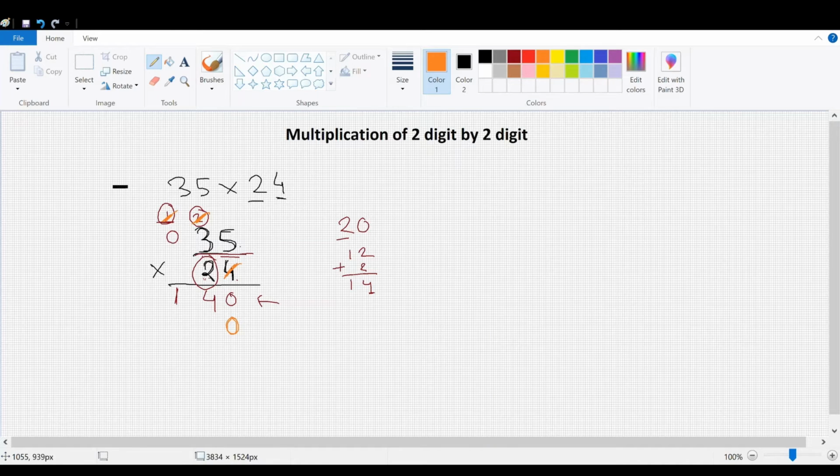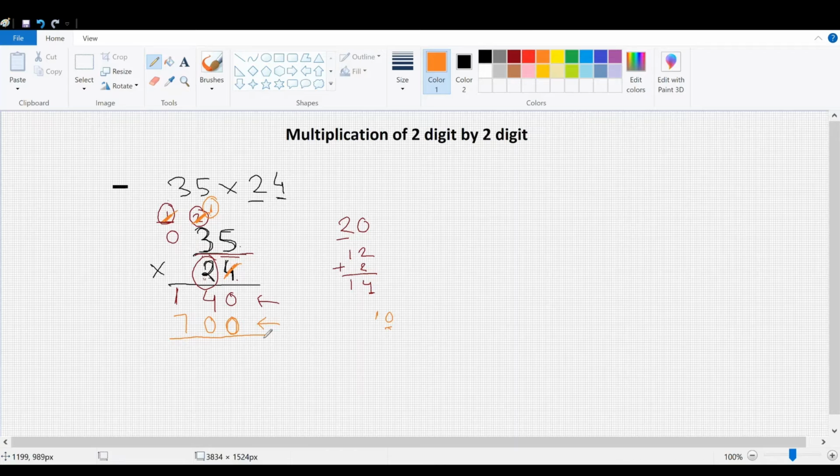Now let's start multiplying. 2 times 5 is 10. 0 will come here and 1 will be your carry. 2 times 3 is 6 plus 1 is 7. Now 35 times 20 is 700.